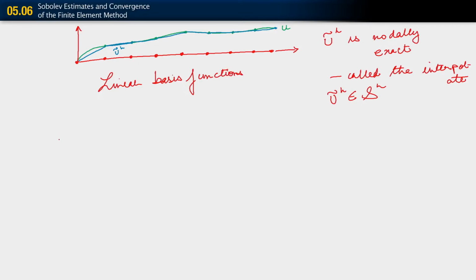Now, here is the result. The theory of Sobolev spaces, or the mathematics of Sobolev spaces, functional analysis on Sobolev spaces, gives us the following so-called interpolation error estimate in Sobolev spaces.